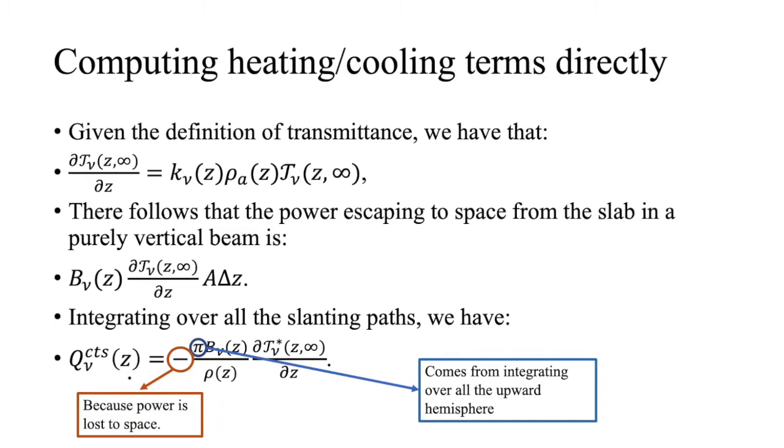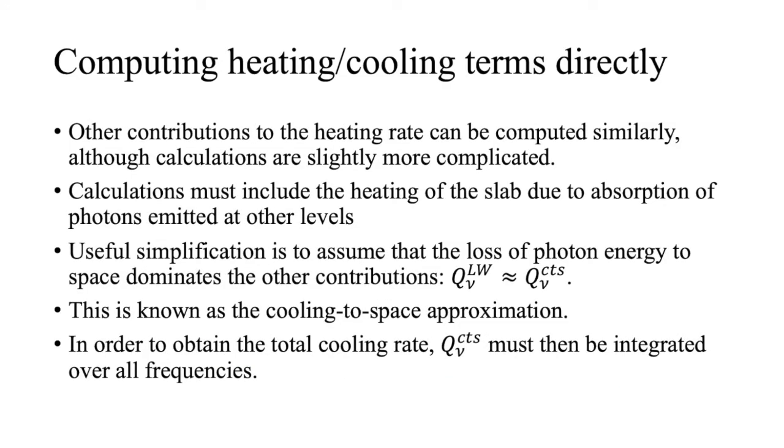Okay, the heating would be essentially the Planck's function times the vertical derivative of the transmittance. So still a pretty simple term, although you don't know how complicated this is going to be, and this is actually quite a complicated piece. But both the short wave and the long wave heating terms can be computed very simply.